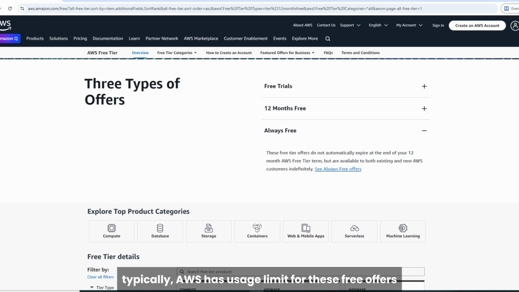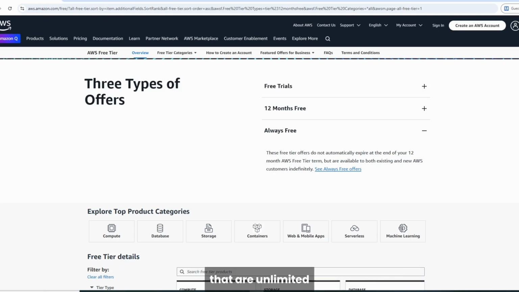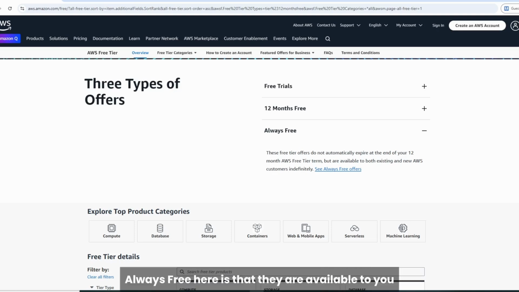Typically, AWS has usage limits for these free offers, and there are some of them, of course, that are unlimited. The context for always in always free here is that they are available to you regardless of how long you've had your AWS account. That means they are available to both existing customers and new AWS customers indefinitely.